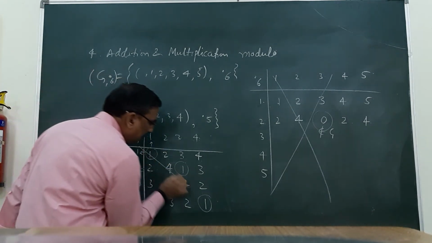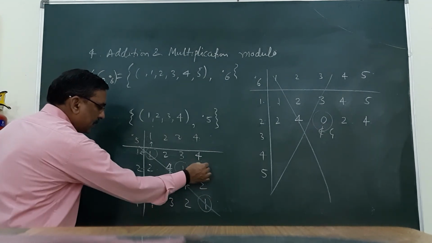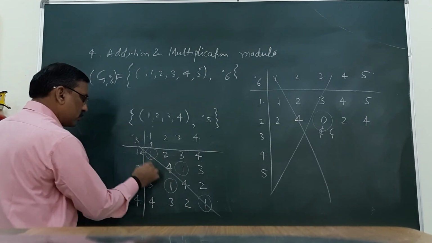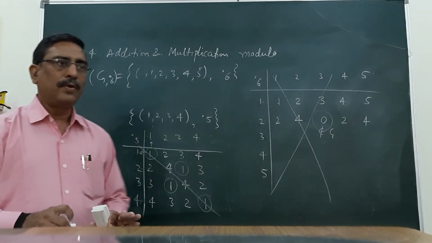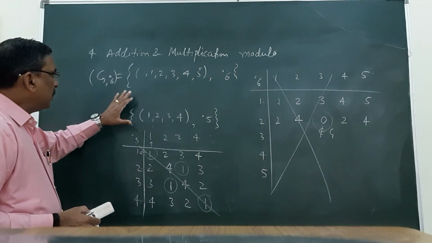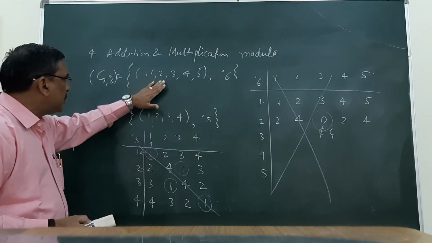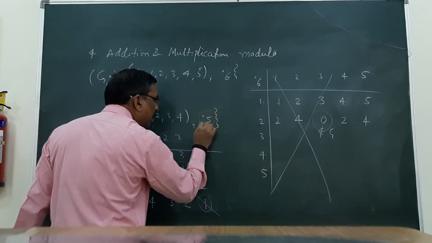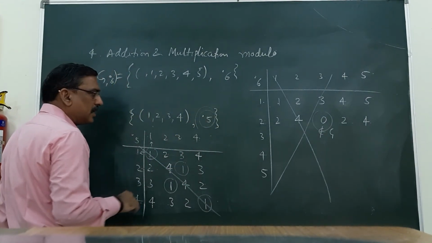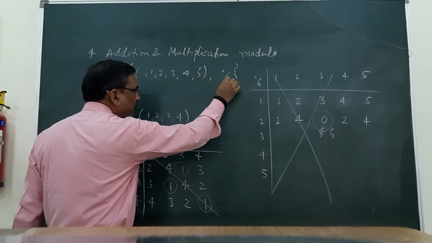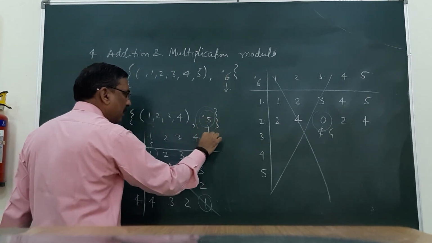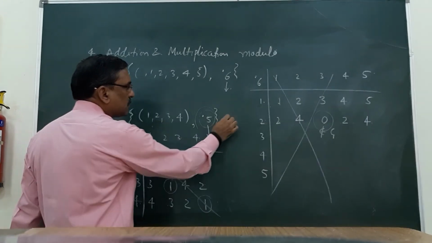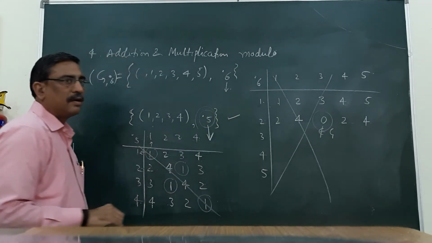Also we can see that about the leading diagonal the table is symmetric, so this is an abelian group. From these two cases we can generalize that if this is a prime number, then this will form a group, otherwise it will not.